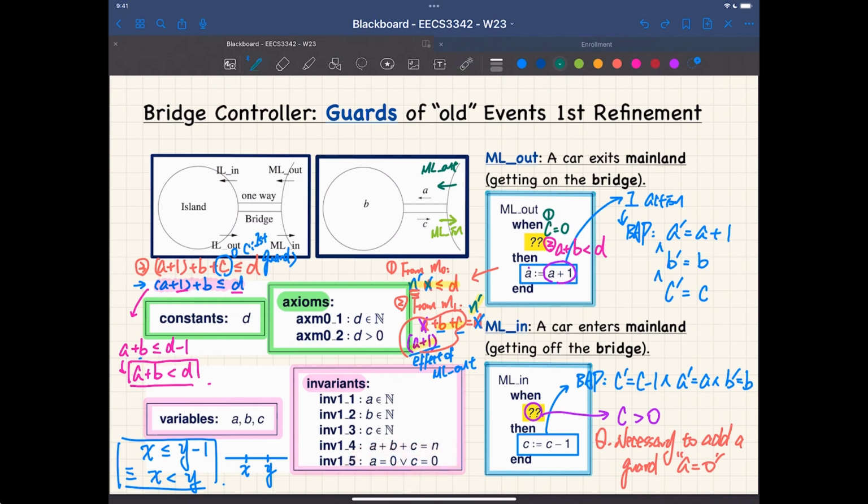All right, so the answer is no. Because given that C larger than 0 and this particular invariant, which is A equals 0 or C equals 0, the whole thing, sorry, I'm running out of space, that implies A equals 0. That one's implied automatically, logically, so we don't need to. But if by adding it you can help the prover, you should really do it. But for now, we don't need to.